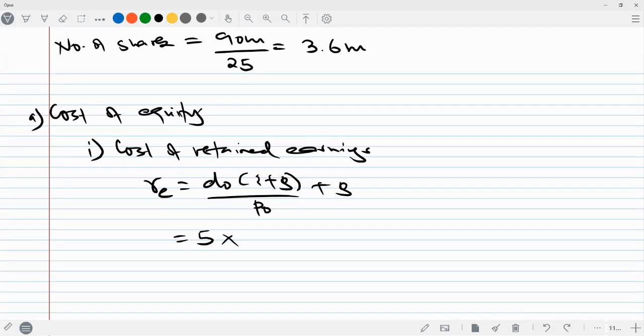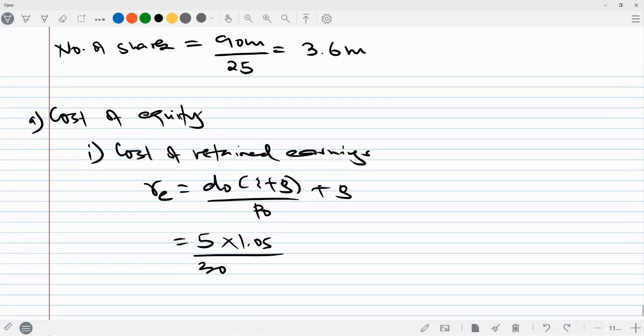The growth in dividend is 5%. P naught, the current market value of the company's shares, is equal to 30. Plus the growth in dividend, which is 5%, to give us how much?